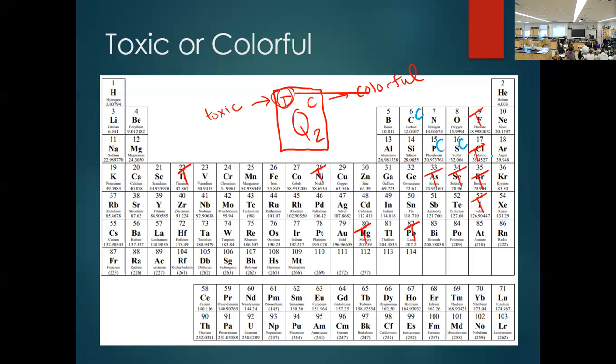If it's not colorful, it's gray or colorless. Like hydrogen, helium, when they're gases, you can't see them. And carbon is colorful because it's not gray. Now we're gonna say chlorine is colorful.